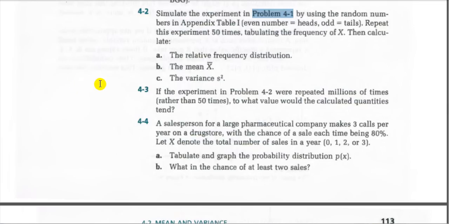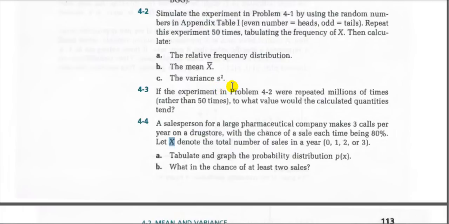Okay, problem 4-4. A salesperson for a large pharmaceutical company makes 3 calls per year on a drugstore, with the chance of a sale each time being 80%. Let X denote the total number of sales in a year. If X is the number of sales, what are the possible values for X?